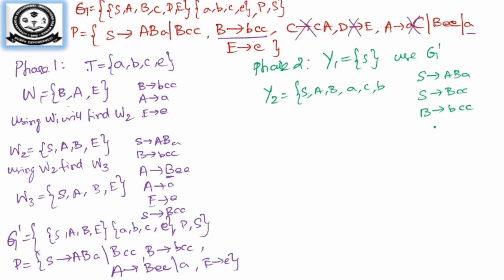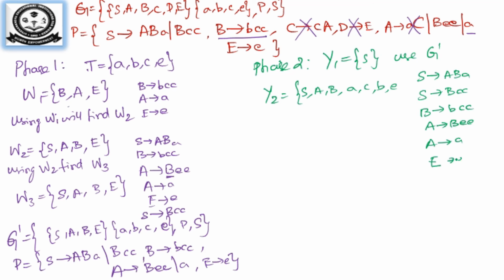What is the next rule we will have? A tends to BEE, so you will have E over here. A is there. Then finally A tends to a, A is already there in the set. And do we need E tends to E over here? No, because there is no other variable that can be derived from S, since S is derived from A, B, and for A and B I have done.